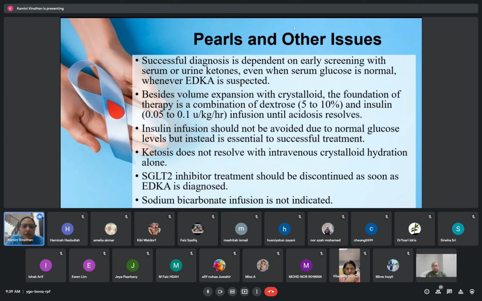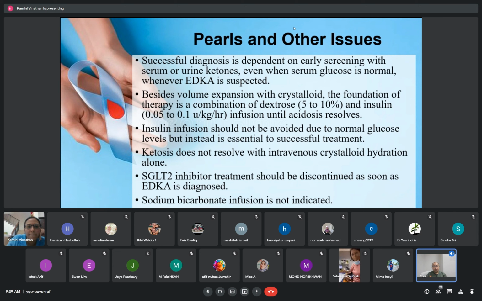Insulin infusion should not be avoided due to normal glucose, like what Dr. Fairuz showed us earlier. And ketosis does not resolve with intravenous crystalloid hydration alone. Sodium bicarbonate infusion is not indicated. SGLT2 inhibitor treatment has to be discontinued as soon as euglycemic DKA is diagnosed.